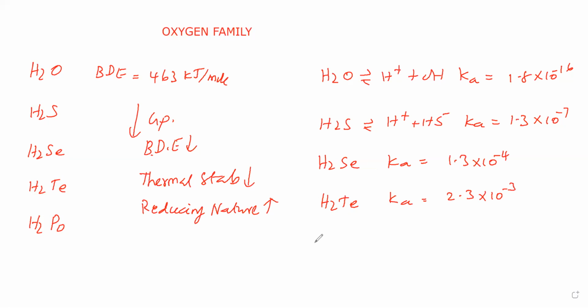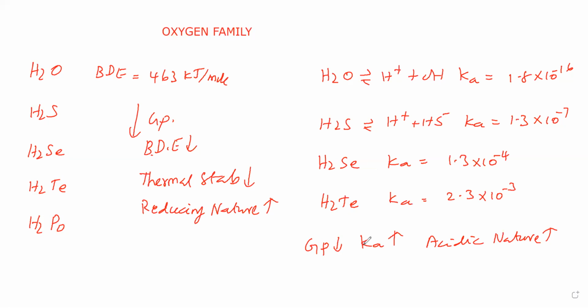So down the group, the Ka value increases. Therefore, acidic nature increases. Why does acidic nature increase? That means the tendency to give H plus increases.